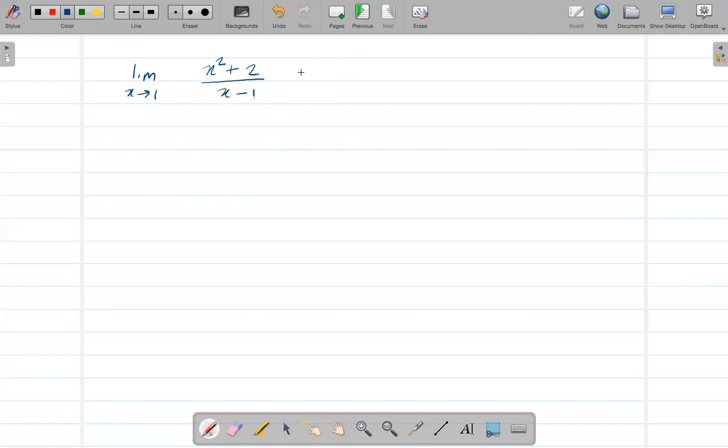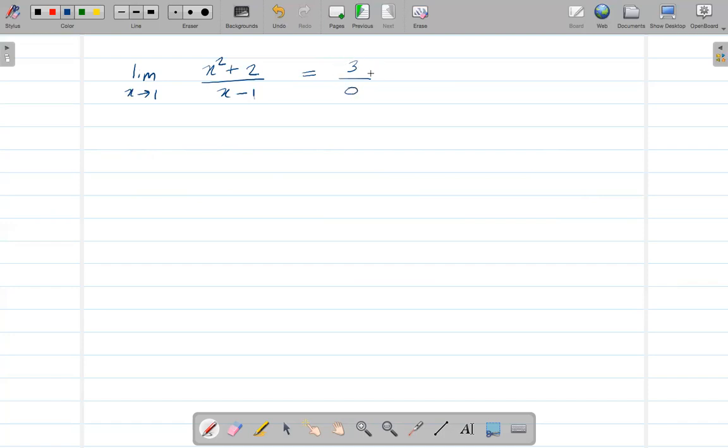Can we use L'Hopital's rule or not? If x goes to 1, it will be 1 squared plus 2, which is 3 over 0.